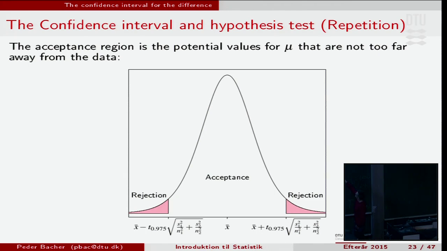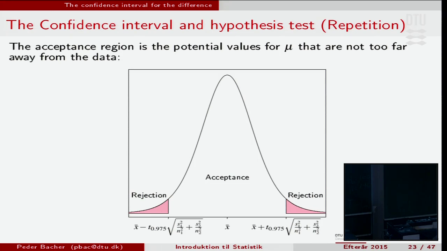So around the observed difference, x1 minus x2, we have plus this quantile, the 97.5 quantile in the t-distribution, but scaled up to the units that we measured this in, so megajoules for the example with the nutrition, and down here minus this quantile because the t-distribution is symmetric.